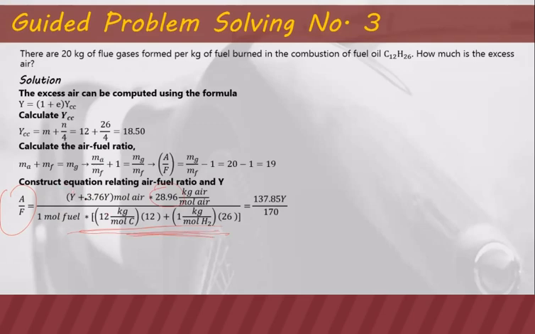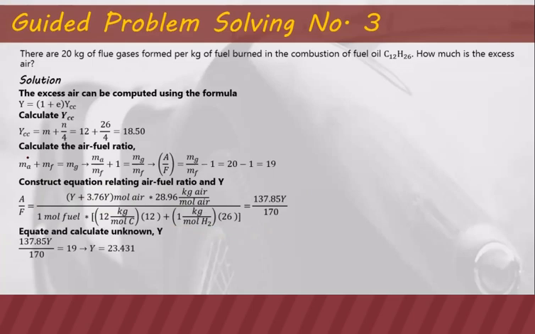This y plus 3.76y refers to the moles of air, which is always in this form. From this, we can simplify the equation so that we can get 137.85y over 170.